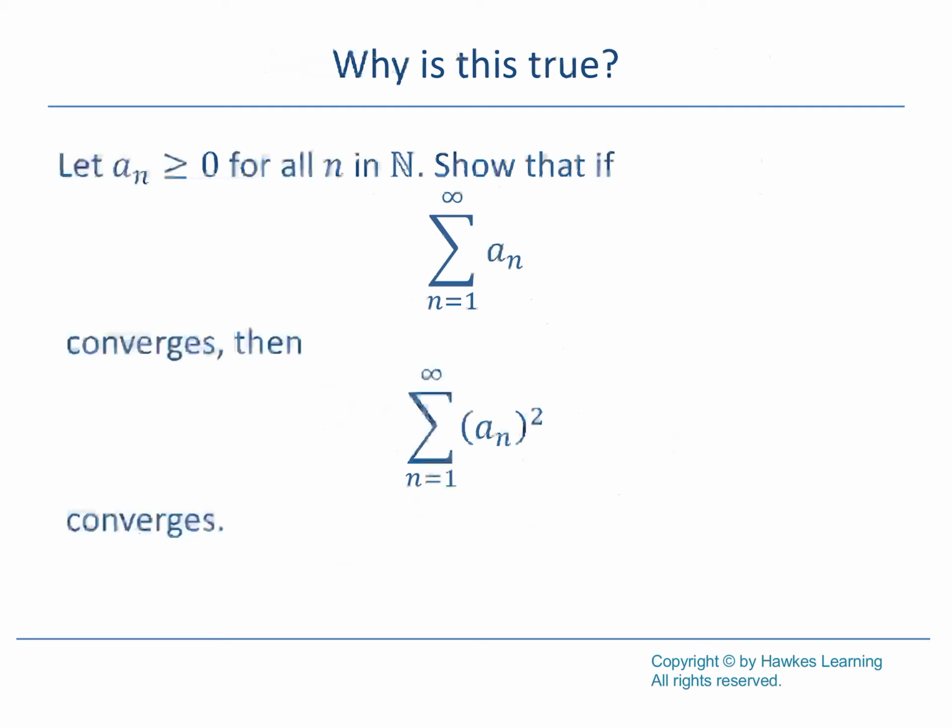Here's another question that is not necessarily in our text, but I think is interesting to think about. Show that if we have a convergent series here with a_n, we don't really know the properties of a_n other than a_n's always going to be non-negative. Show that if that series converges, then the similar series, except the a_n terms are squared, also converges.